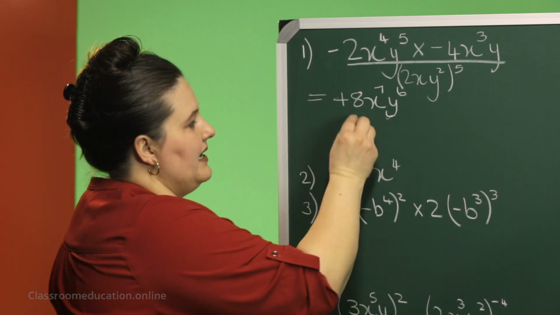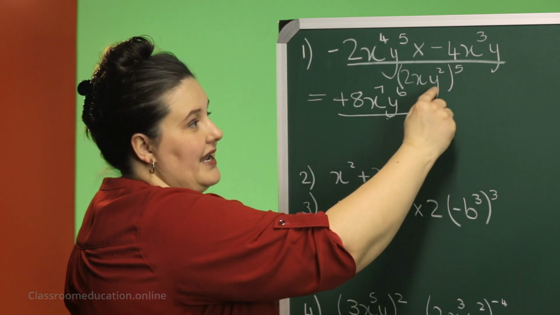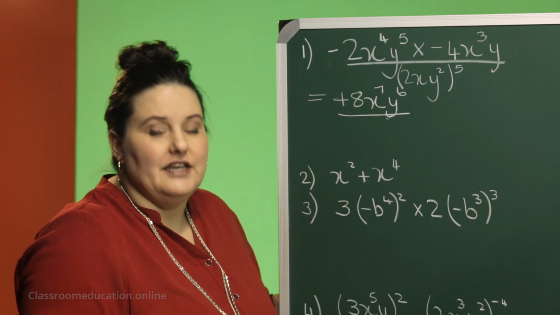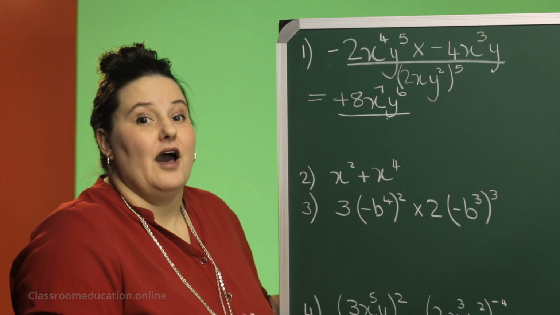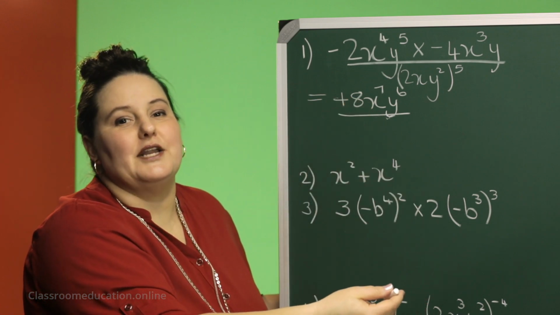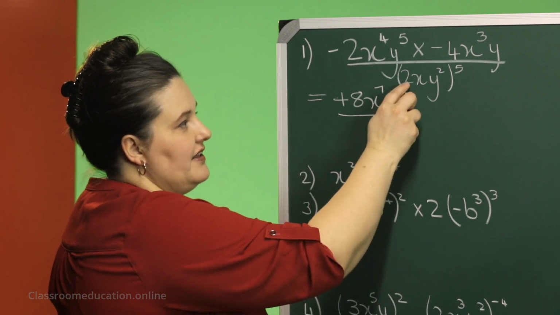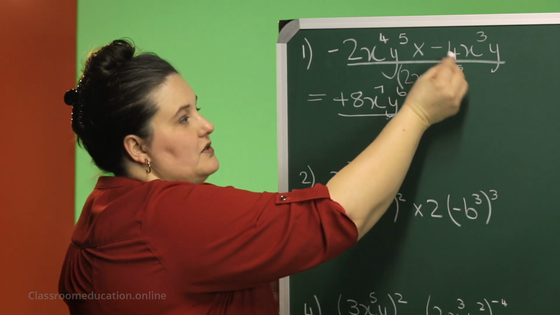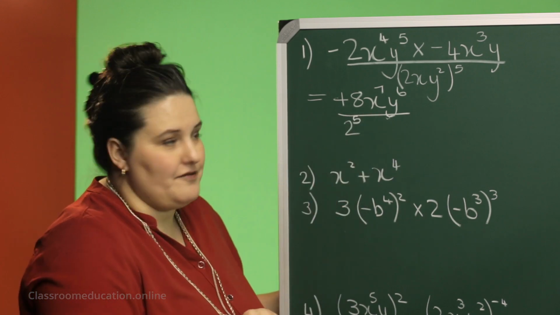And in my denominator, what do I have? Remember, I have a bracket with an exponent 5 there at the end of the bracket. So what do? Rule number 3. The exponents on the outside of the bracket should be multiplied with the exponents on the inside of the bracket. So currently the 2 is actually to the power of 1. So if I multiply those exponents, it will be 2 to the power of 5.